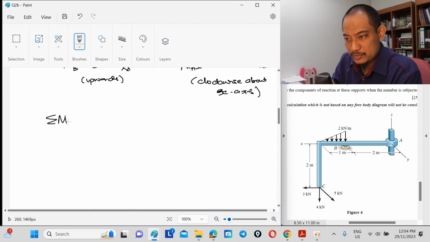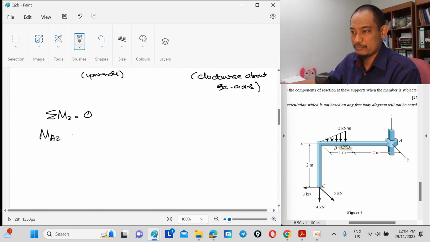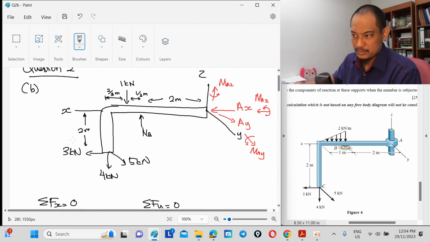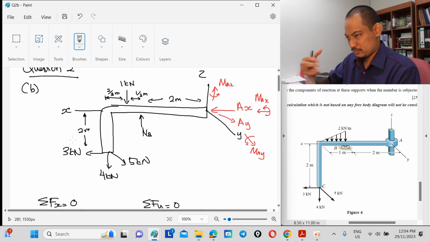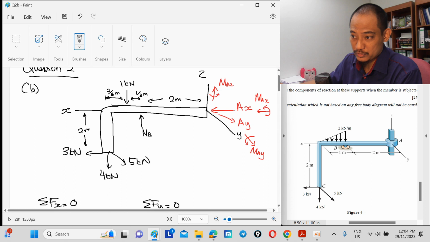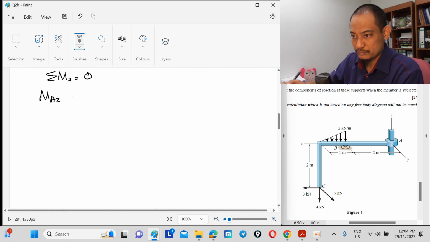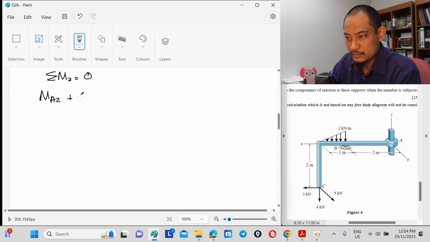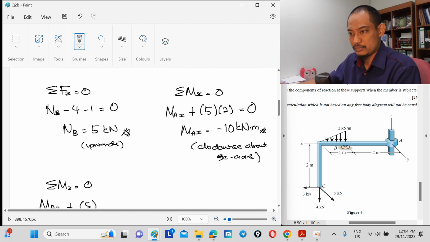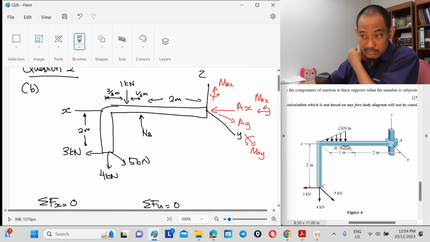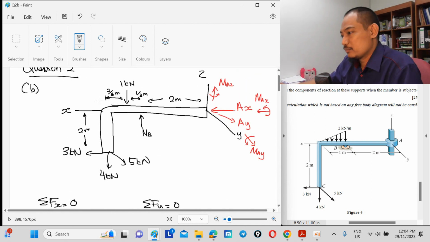Summation of MZ equal to 0. So of course we have MAZ, and then 5 is counterclockwise as well, so positive 5 times a distance of 2 plus 1, 3, right?